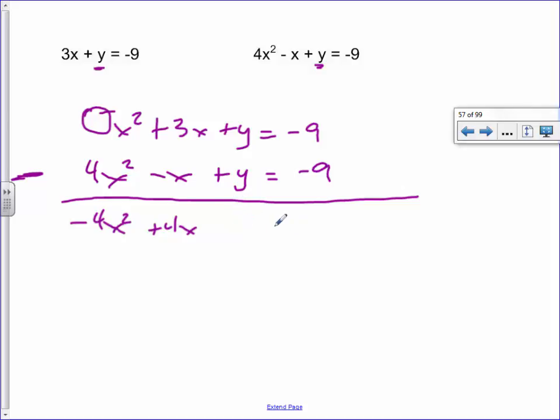I won't even bother writing anything then. Minus 9 minus minus 9. Minus minus 9, right? The minus minus means add, right? So what you really have is minus 9, add 9.